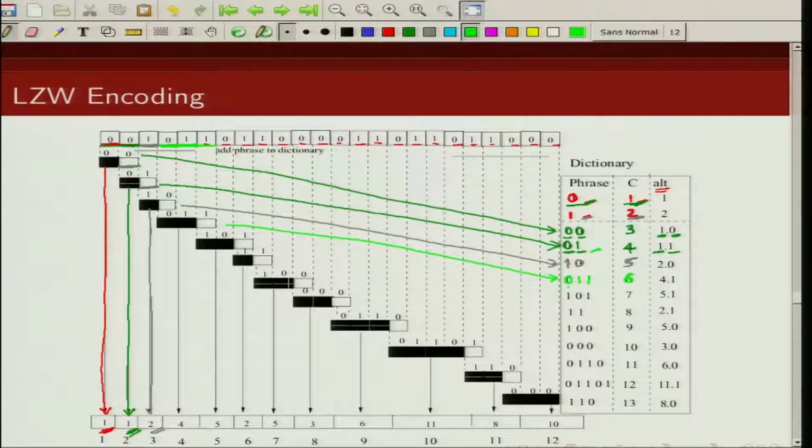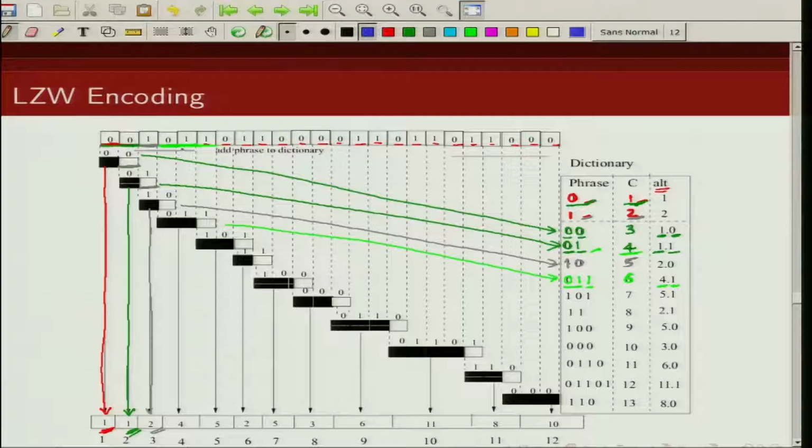Note that this can be written as the phrase 0 1 concatenated with the innovation symbol 1. And 0 1 is my code word 4, so in alternate representation I can write this as 4 concatenated with the innovation symbol 1.